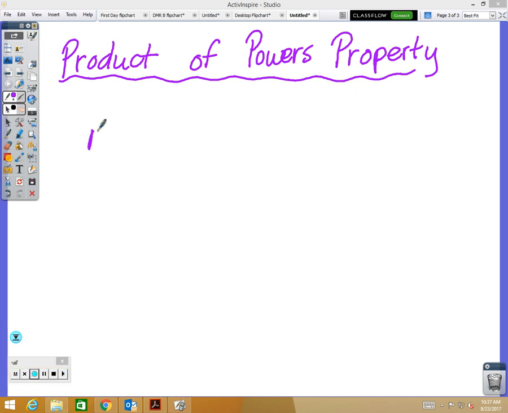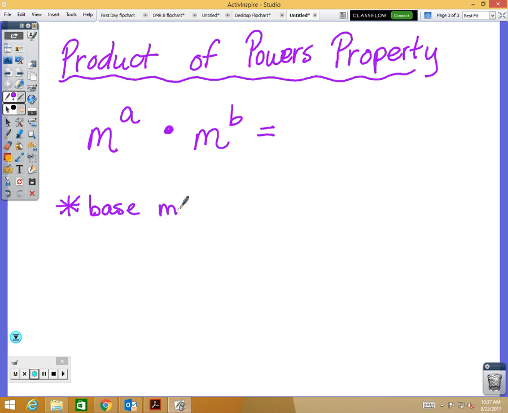If we have a power, m to the a power, times m to the b power. In both of these powers, they have the same base. That is extremely important. The base must be the same. So in both of these powers, our base is m.